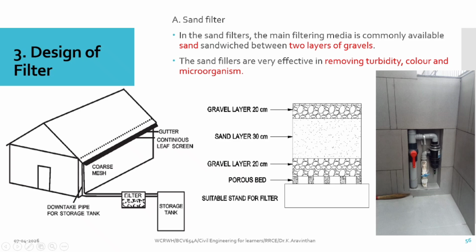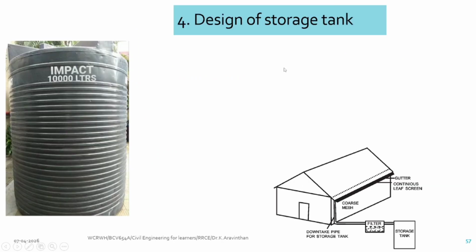From this pipe it will be directly let into this kind of filter layer. From this pervious bed it will be percolating into the groundwater. This removes turbidity, color and microorganisms. It will get filtered. Now the fourth component is design of storage tank.